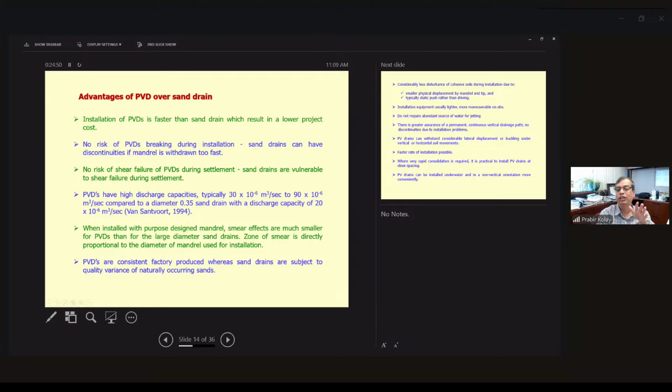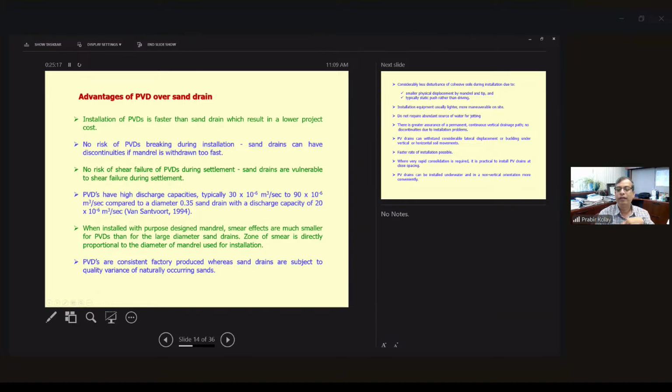PVDs have high discharge capacities, typically 3 times 10 to the power minus 6 to 90 times 10 to the power minus 6 cubic meters per second. If the sand drain diameter is 0.35 meter, then the discharge is 20 times 10 to the power minus 6 cubic meters per second, so it is much less compared to the PVD.